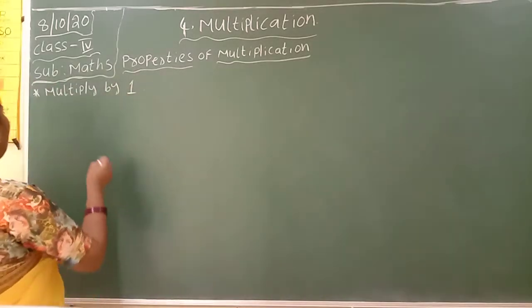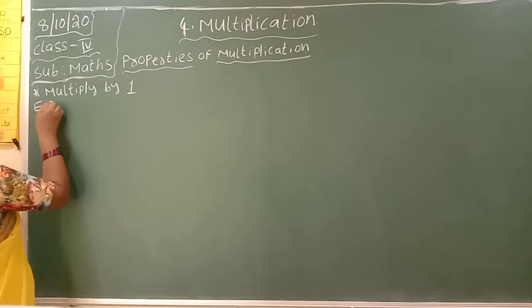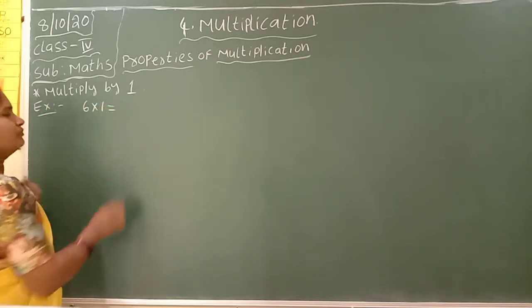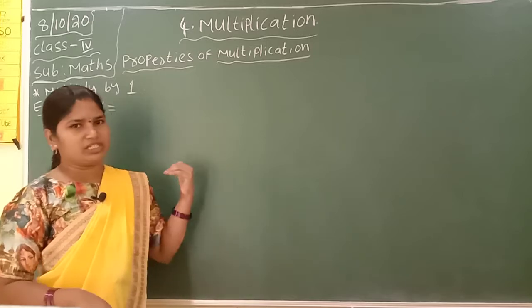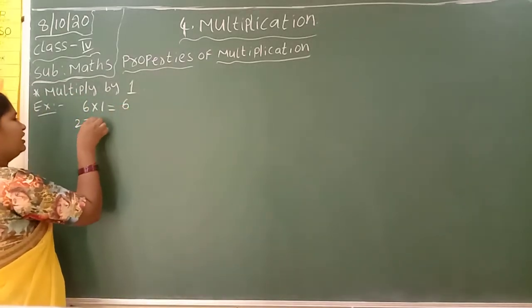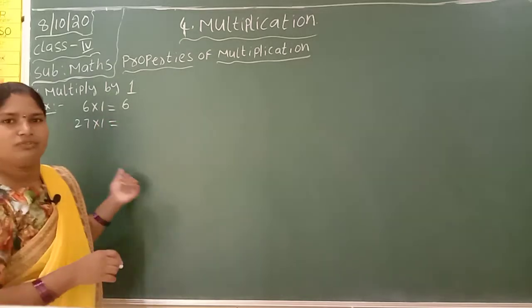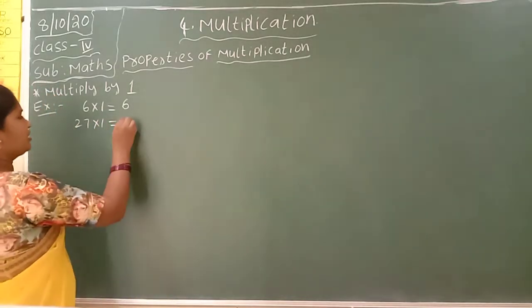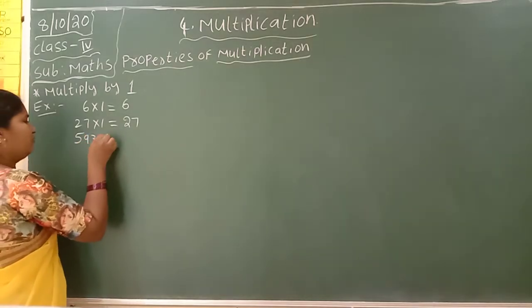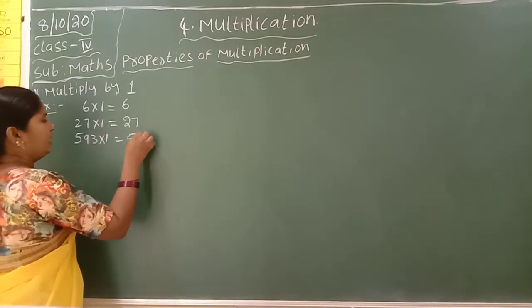We will get the number itself. For example, here 6 multiply by 1. Do you all know the 6 table? 6 ones are 6. And 27 multiply by 1, 27 ones are 27 only. And 593 into 1, again 593 only.